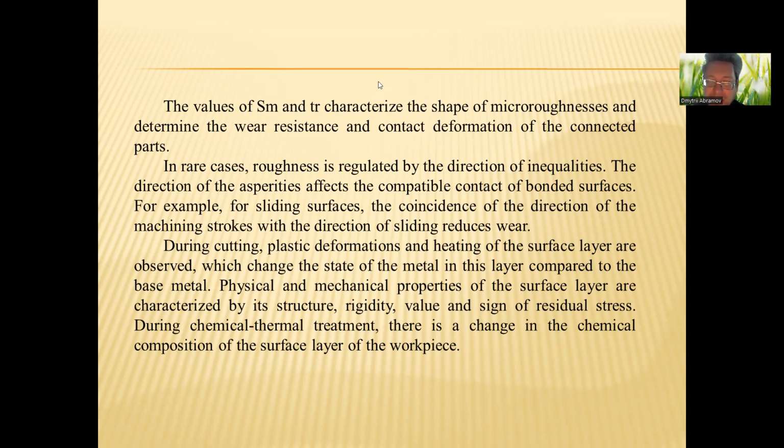Physical and mechanical properties of the surface layer are characterized by its structure, rigidity, value, and sign of residual stress. During chemical thermal treatment, there is a change in the chemical composition of the surface layer of the workpiece.